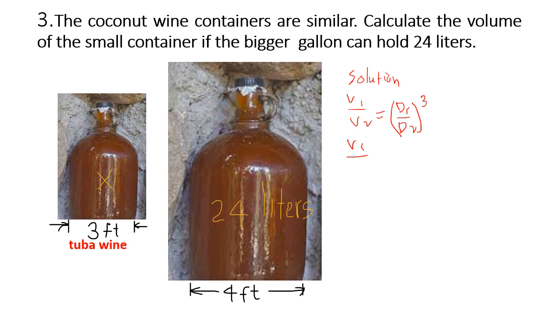V1 over 24 equals the quantity 3 over 4 cubed. So V1 equals 24 times 0.75 cubed, equals 10.125 liters.